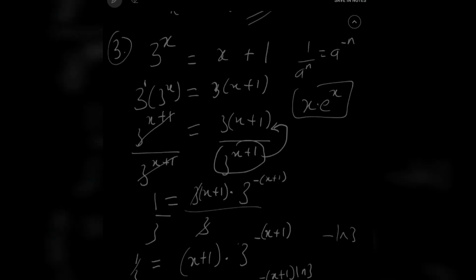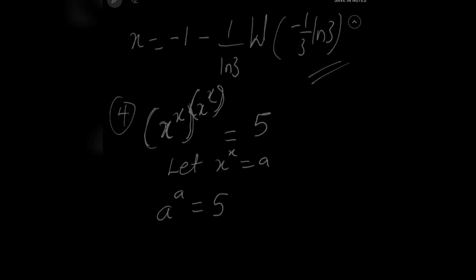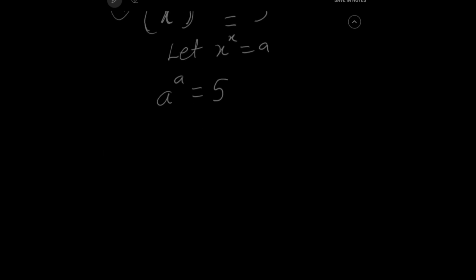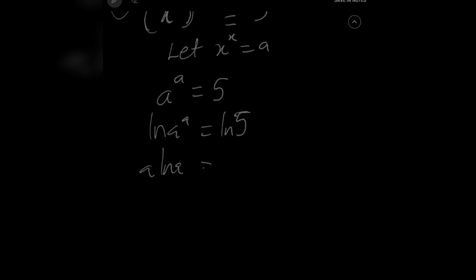Okay, so if you have a raised to the power a equals 5, I mean, just like the first example, take natural log on both sides, changes to this form, then we get this.